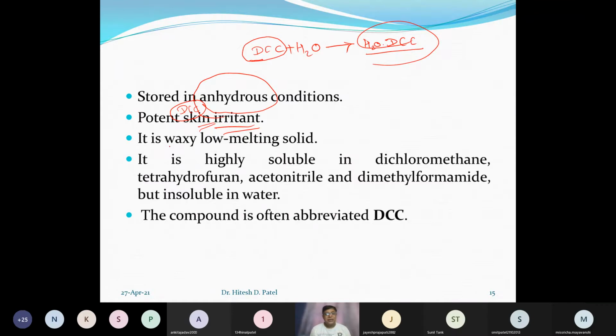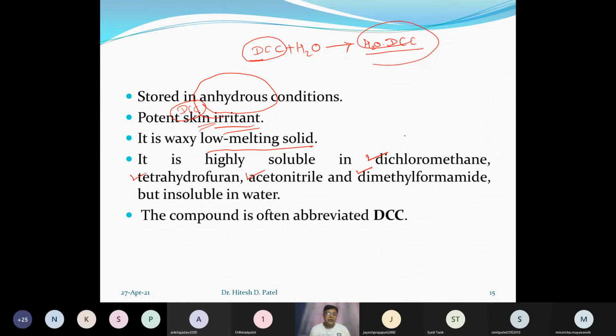As I said, it's a waxy, low melting point solid. It is highly soluble in dichloromethane, THF, tetrahydrofuran, ACN, acetonitrile, and DMF, dimethyl formamide. So this compound is highly soluble in organic solvents.